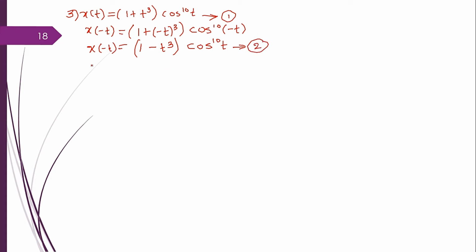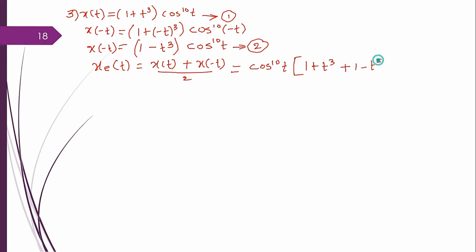Now we know that xe of t is given by x of t plus x of minus t divided by 2. So when I add 1 and 2, I would get cos raised to 10t taken common, 1 plus t cube, I have to add 1 minus t cube, so I'll divide it by 2.